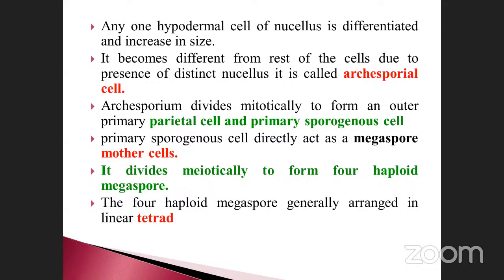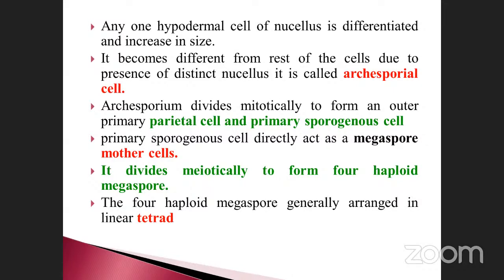We already discussed that due to the presence of a distinct nucleus, it is called the archesporial cell. Epidermis is followed by hypodermis. The hypodermal cell with a prominent nucleus grows as a new cell, different from the rest. That cell is called the archesporial cell. The epidermis is not an archesporial cell. Once again, the archesporial cell is nothing but a hypodermal cell, not the epidermis. That is very, very important.